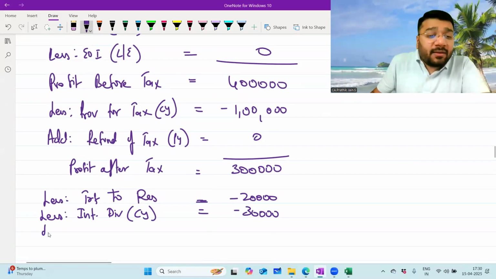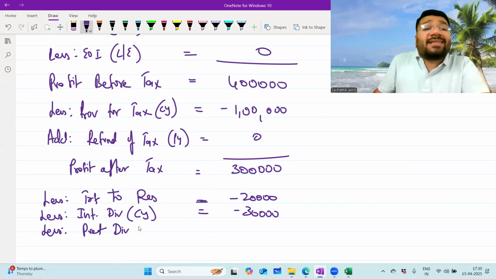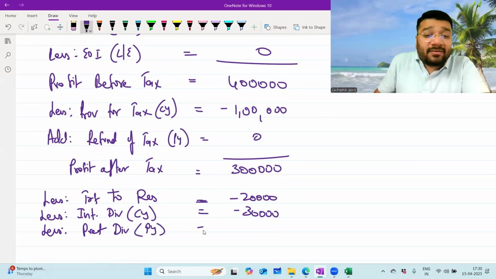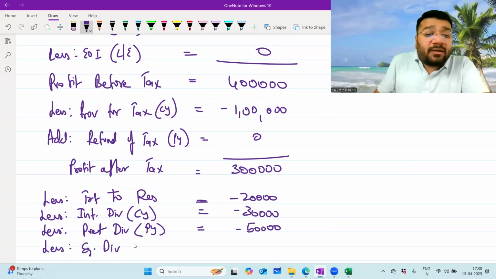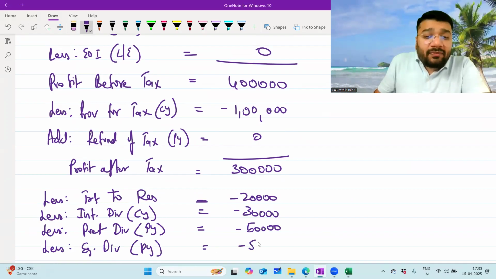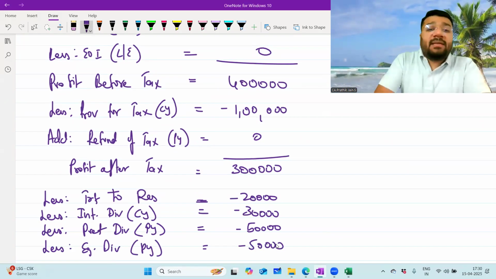Then less preference dividend. Which year? Previous year. 50,000. Less equity dividend. Which year? Previous year. Another 50,000. Please tell me what is the balance?